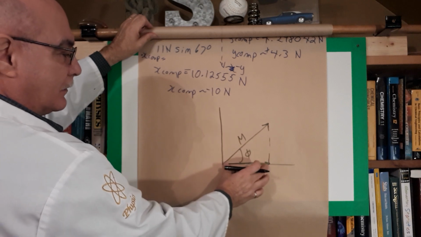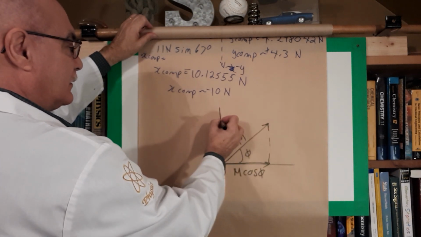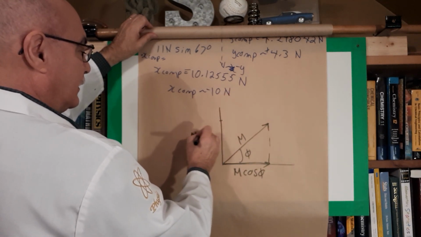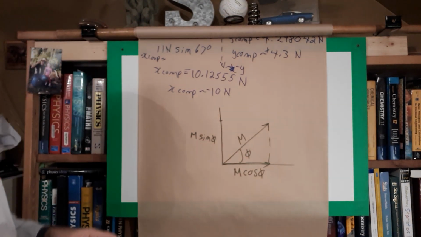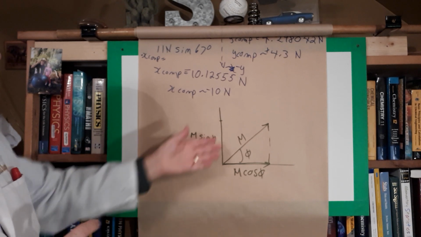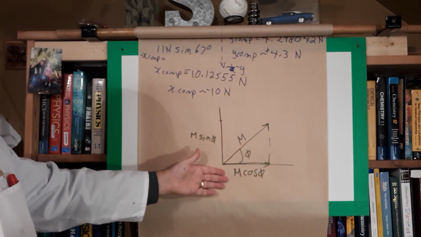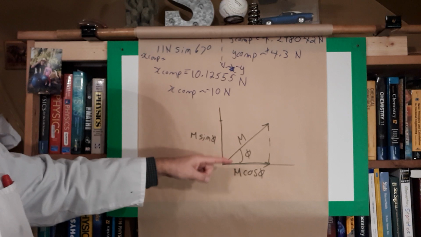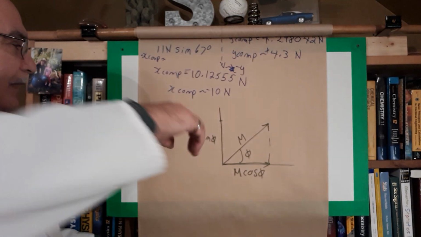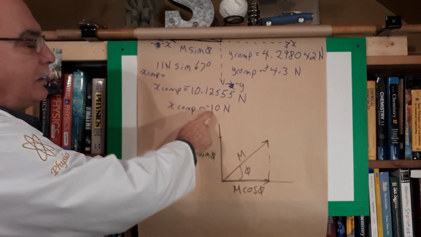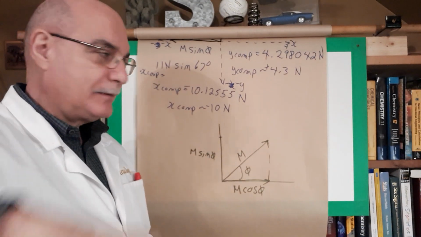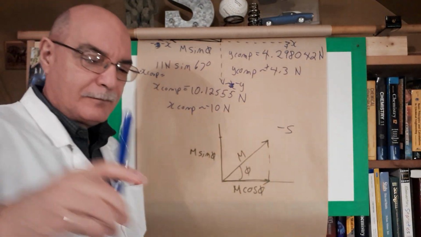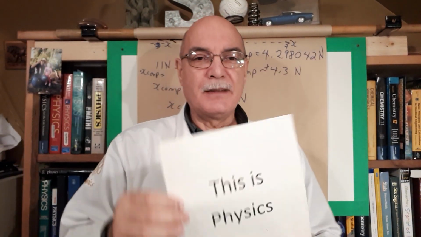And the magnitude of the y component is m sine theta because it is opposite that angle. That's the general depiction of resolving vectors into their x and y components. And then there's always the little things that happen when vectors go in the opposite direction and you wind up with these kinds of situations. And with that, this is physics.